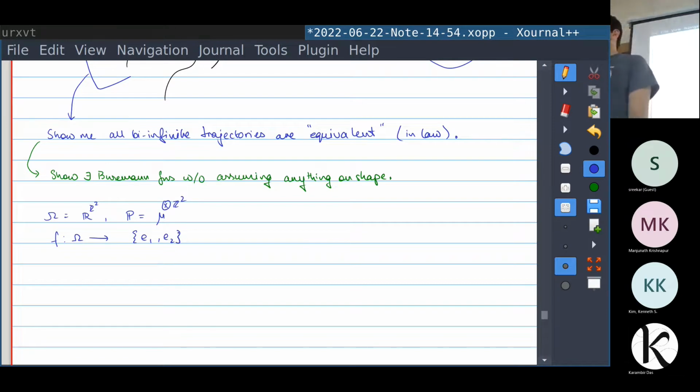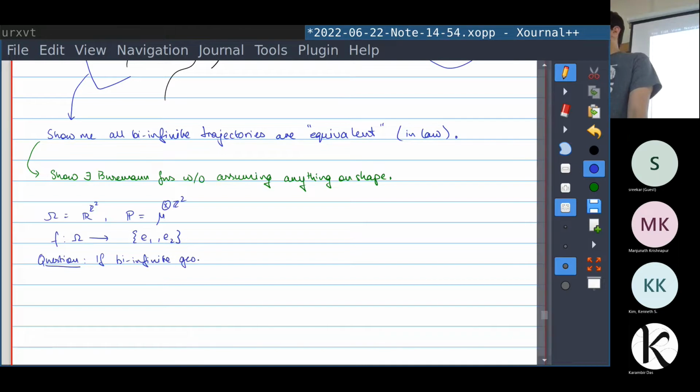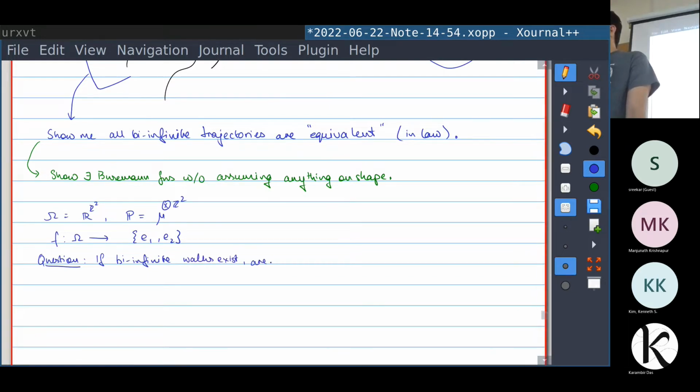Question: if bi-infinite geodesics exist, if bi-infinite walks exist, are they equivalent? Are they equivalent?